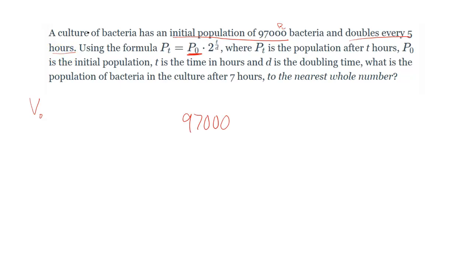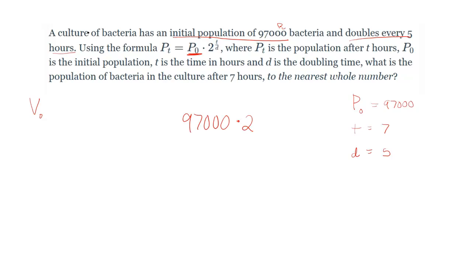P sub t is the population after the time. There are two different times in this problem. One represents how often the bacteria is getting doubled, and one is the overall time that we are waiting to see what the final bacteria is. So again, we're starting with our initial amount, and then the 2 is there because it's doubling.